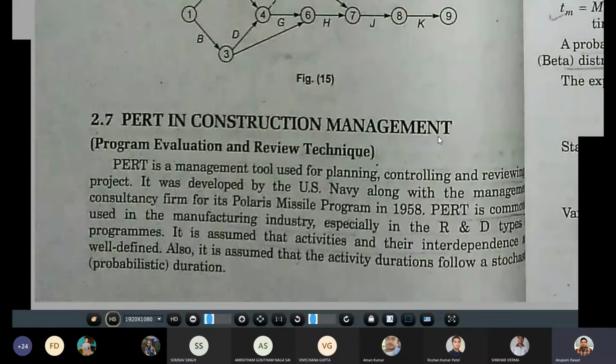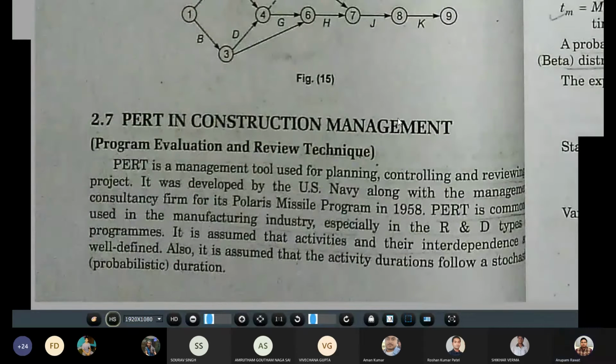Basically, it is used in R&D, research and development types of programs, and it is assumed that activities and their interdependencies are well defined, and also that the activity duration follows a stochastic or probabilistic duration.